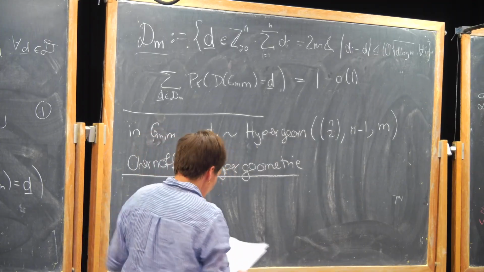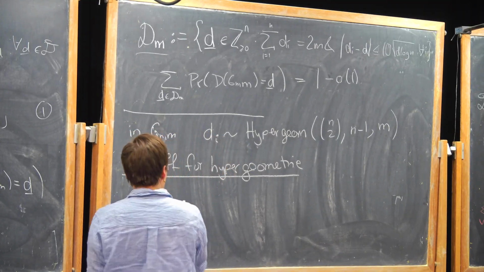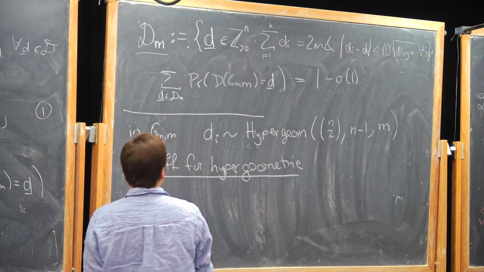Okay. So the Chernoff inequality for the hypergeometric is as follows.